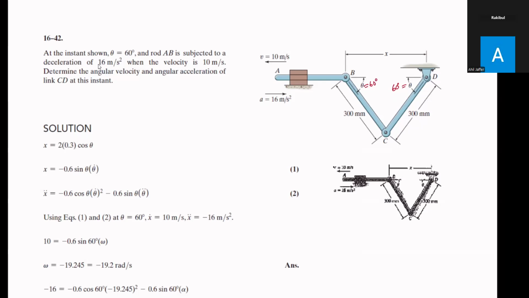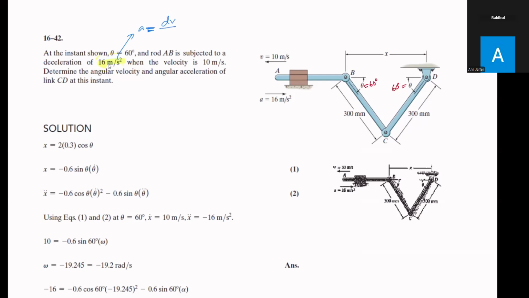I'm pretty sure it's A for acceleration because it's meters per second squared. So it's A.